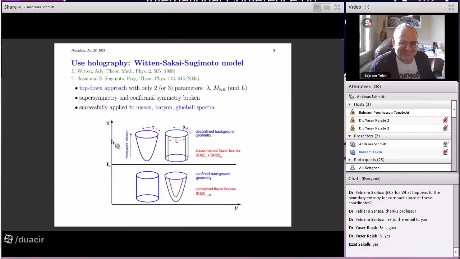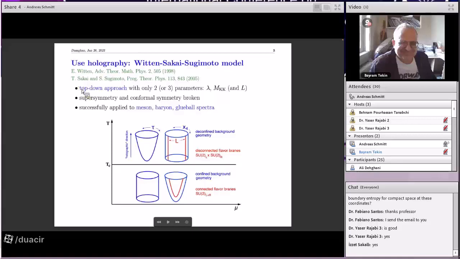So what I'm going to use is the holographic Witten-Sakai-Sugimoto model. I will introduce this in a very brief way, basically just showing you a sketch here. It's based on works by Witten and later Sakai and Sugimoto. One thing I want you to keep in mind already is that it has very few parameters.